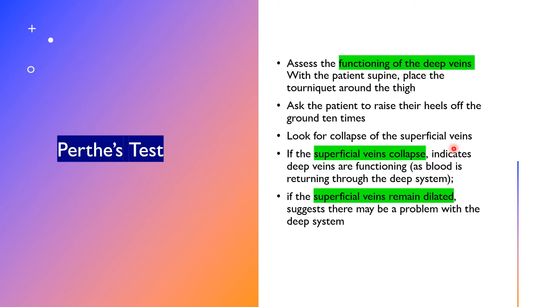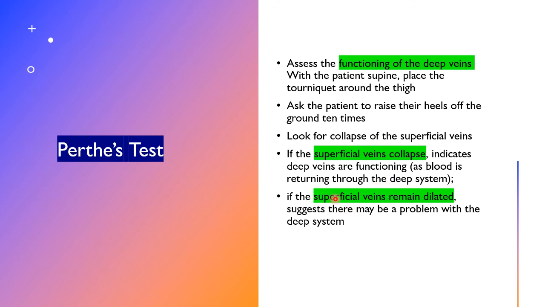Okay, by the deep veins being pumped, it sucks the blood from the superficial veins, which then should collapse. If the superficial vein collapses, that indicates deep veins are functioning, as blood is returning through the deep vein system as usual.